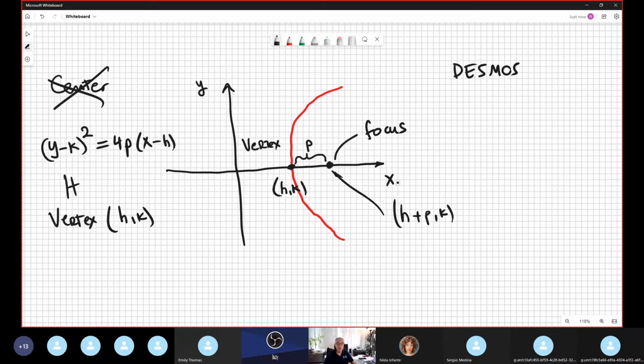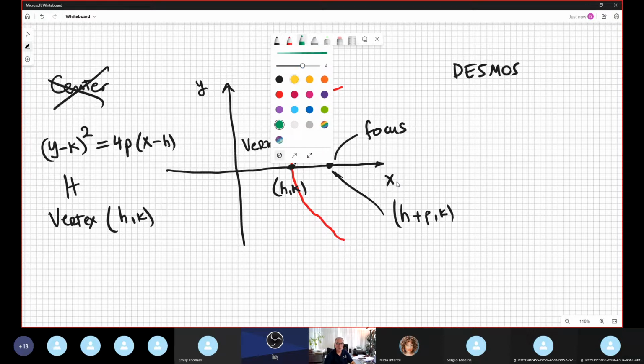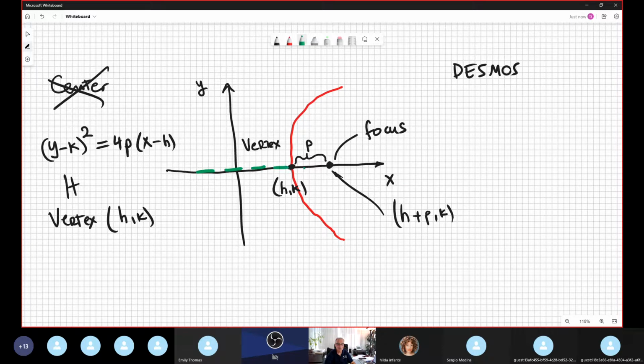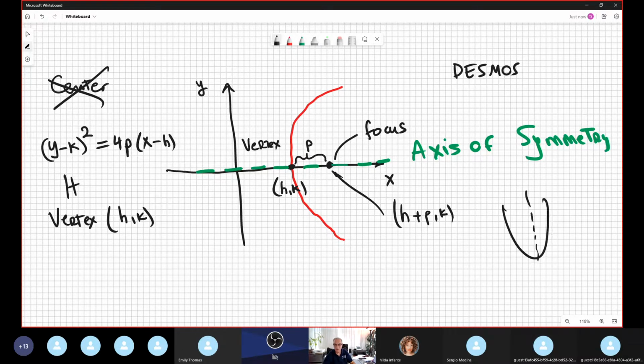One more thing, guys. We have two important lines. Look, put another one. This axis is the axis of symmetry. Why? Because it's the axis that splits the parabola into equal parts. Suppose another parabola like that. This is the axis. Suppose another parabola like that. This is the axis.